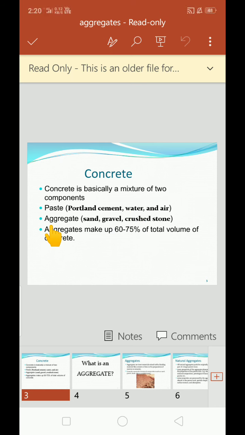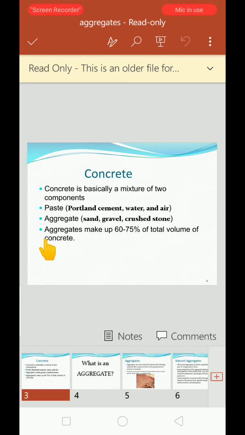And the next one is the aggregates. Aggregates may be sand, gravel or crushed stone. Aggregates we further divide into two: sand comes under one category, and gravel or crushed stones come under another category, depending upon their size.